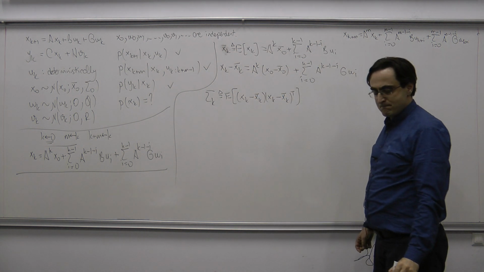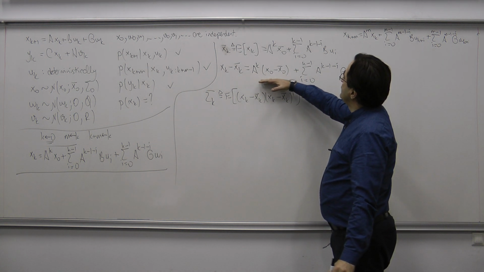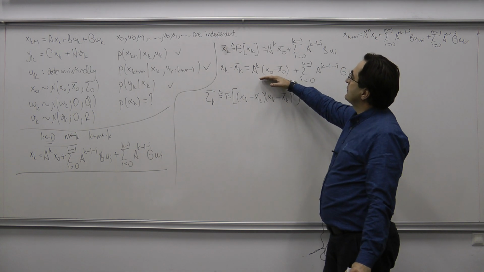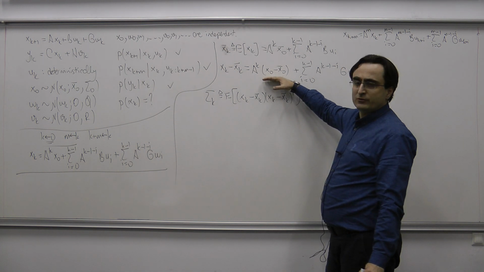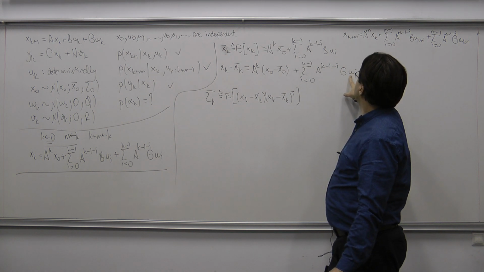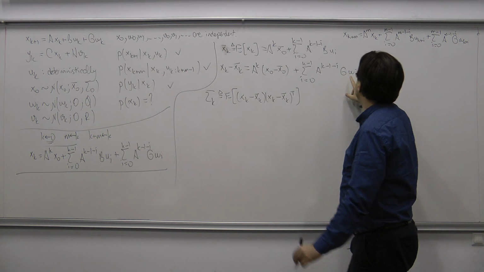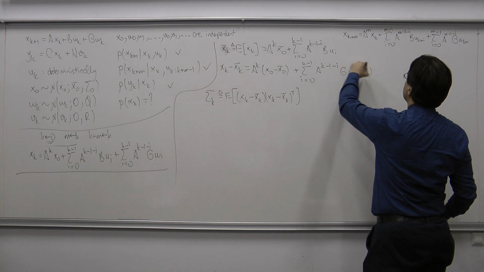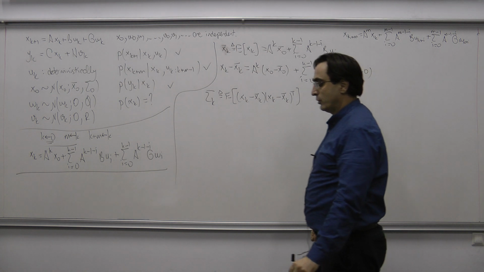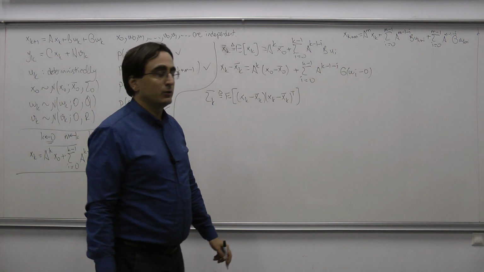Okay? So now look at these terms. This is x0 minus x0 bar. The expected value of this term is 0. And these are some w terms, and the expected value of them is also equal to 0. So here, instead of wi, I can write wi minus 0, wi minus its expected value. Okay?